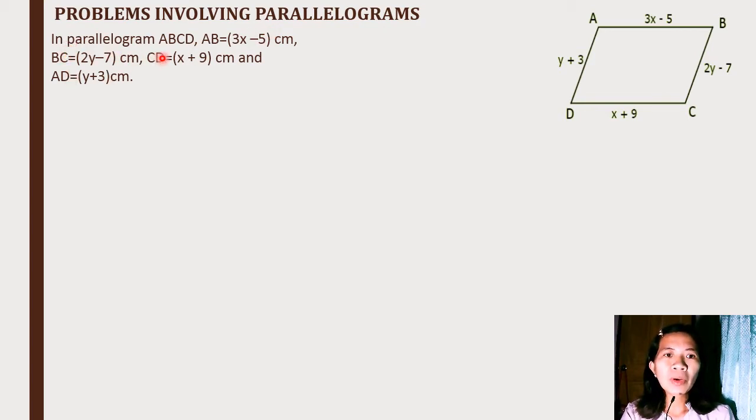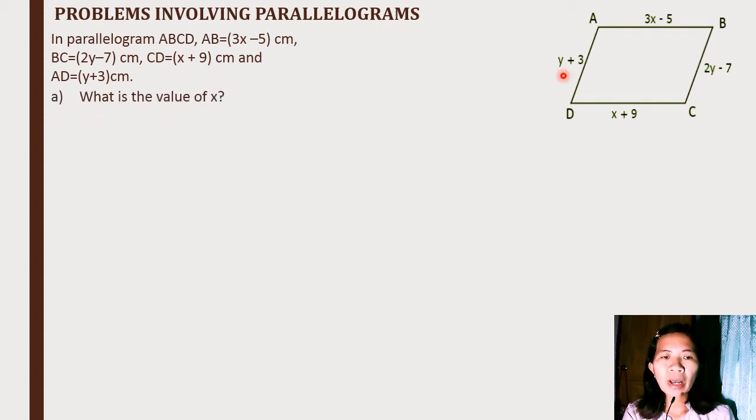In a parallelogram ABCD, this is the figure, AB is equal to 3x minus 5 centimeter, and segment CD is x plus 9 centimeter, and segment BC is 2y minus 7 centimeter, and we have segment AD, which is y plus 3 centimeter.